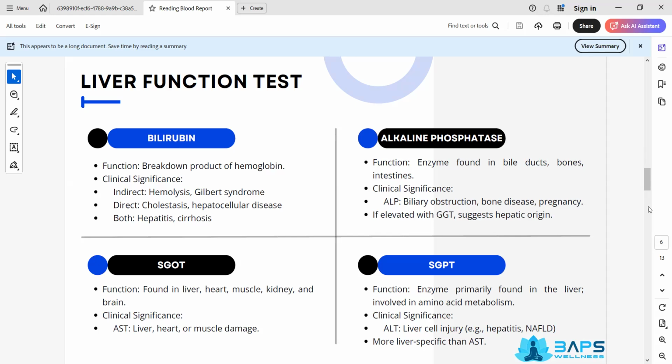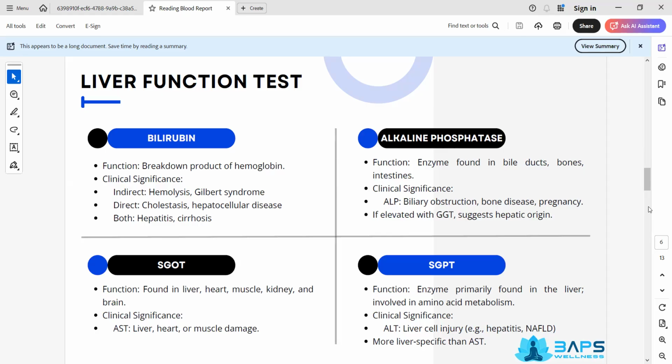Then if you see alkaline phosphatase, ALP, this enzyme is found in the bile ducts, bones, and also intestines. So if any biliary obstructions are there or bone diseases are there, or in certain cases pregnancy induced also, this ALP will be more.